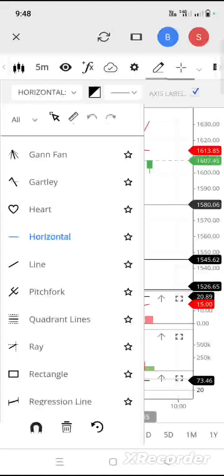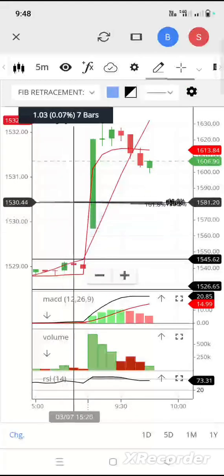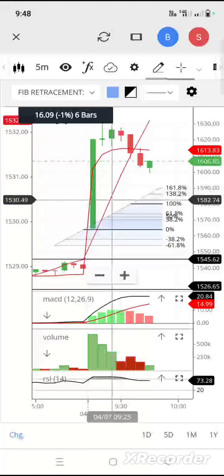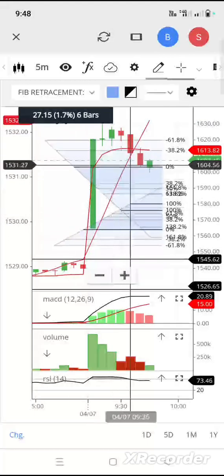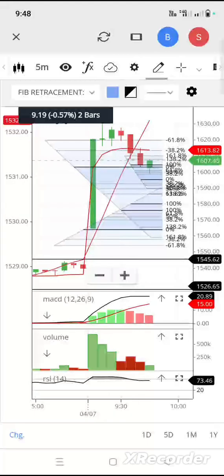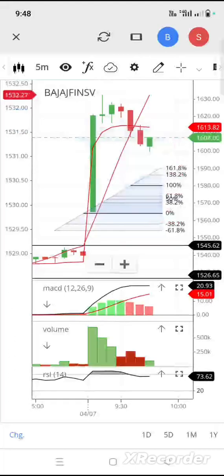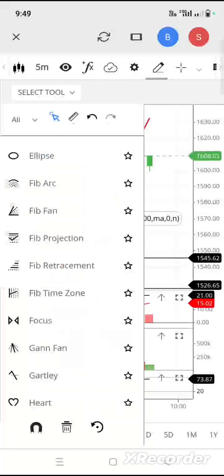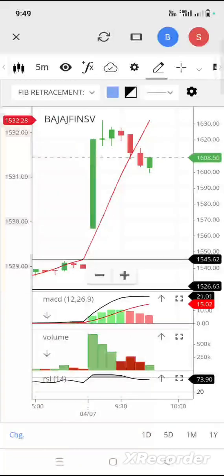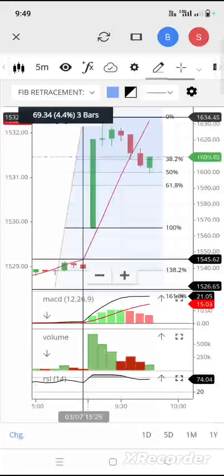So I'll mark Fibonacci retracement here, till today's high.